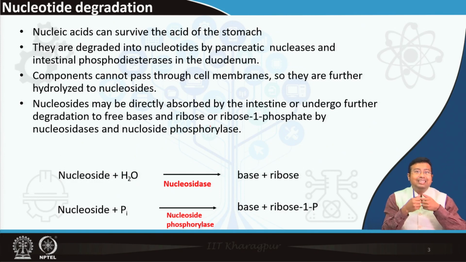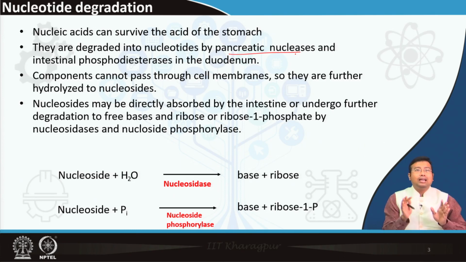Nucleic acid can survive the acid of the stomach. However, when they go into the pancreas, they are acted upon by pancreatic nucleases. Nuclease means the enzyme which cleaves these nucleic acids.